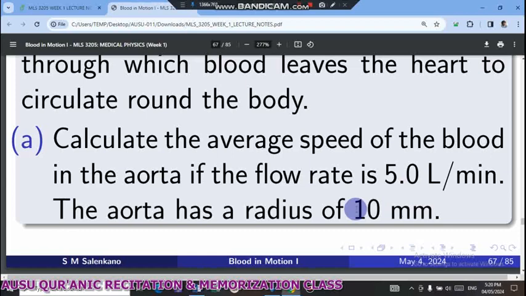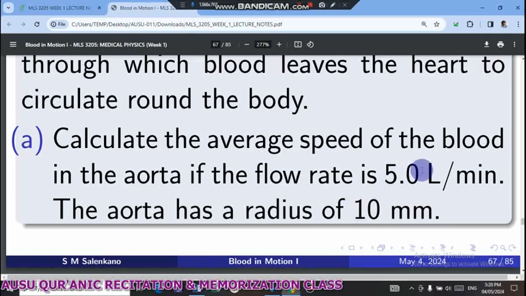Whenever they give you radius or diameter, they simply want you to use those quantities to get your cross-sectional area. So from here we will get the cross-sectional area.